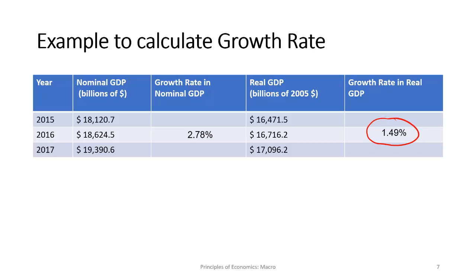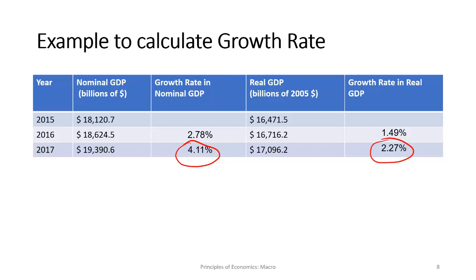Let's do the same thing for 2017. We can calculate GDP growth rate between 2016 and 17. In 2017, nominal GDP grew by 4.11% compared to 2016, whereas real GDP increased by 2.27% compared to 2016.